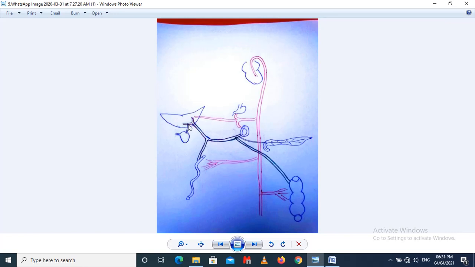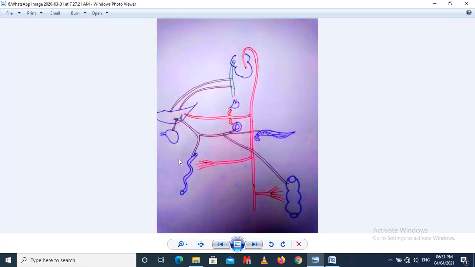This cystic vein gives blood to the right branch of the hepatic portal vein. Over here we can see that two other organs, the pancreas and the gallbladder, have also been added.